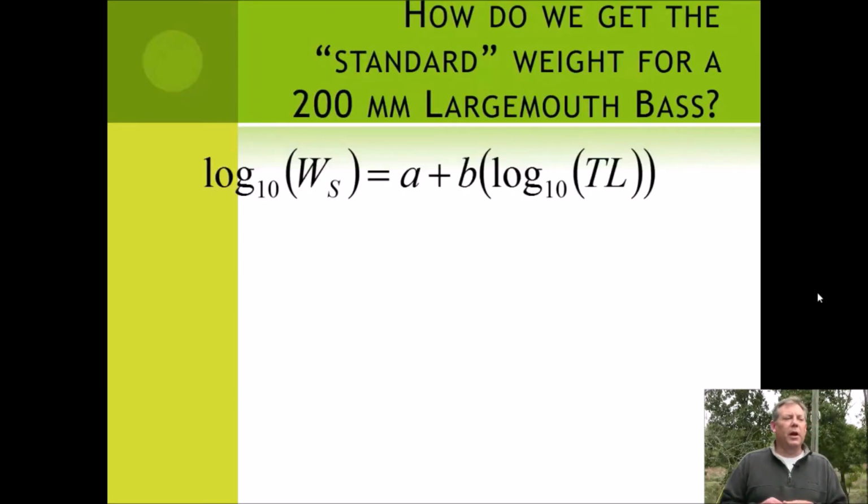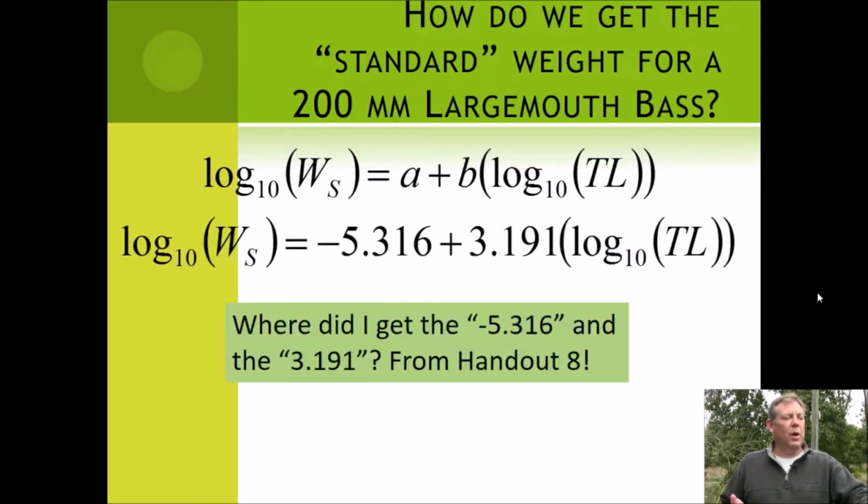And so for example, here we're going to do a 200 millimeter largemouth bass. There's the log transformed equation. Where do I get the values of A equals negative 5.316 and B equals 3.191? That's from that table. Someone looked at a bunch of data, figured out that this is the 75th percentile weight at each length, and everybody uses the same ones.